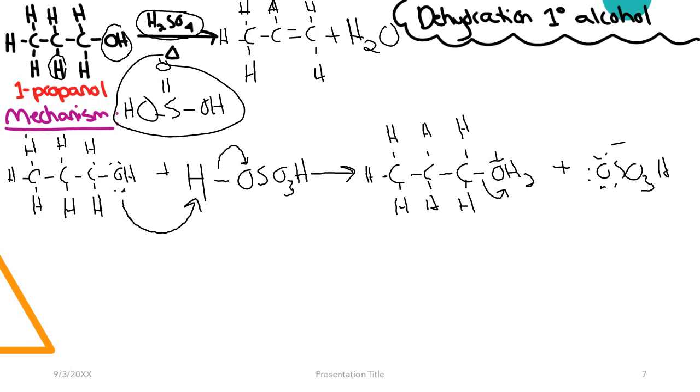This CO bond breaks because this water is a good leaving group. So water comes off, and at the same time, this anion that we made here attacks one of the hydrogens on the adjacent carbon. It'll take this hydrogen off, and then these CH bonding electrons will go in between those two carbons to make a double bond. And this all happens in one step for primary alcohols.